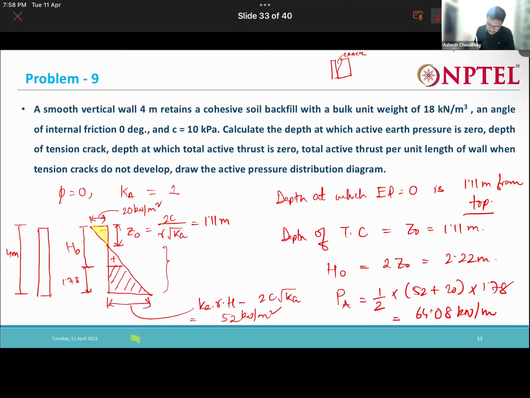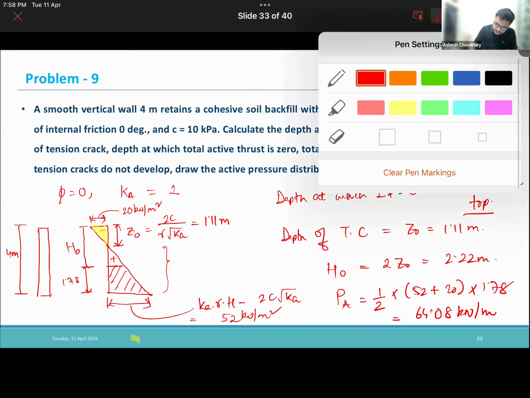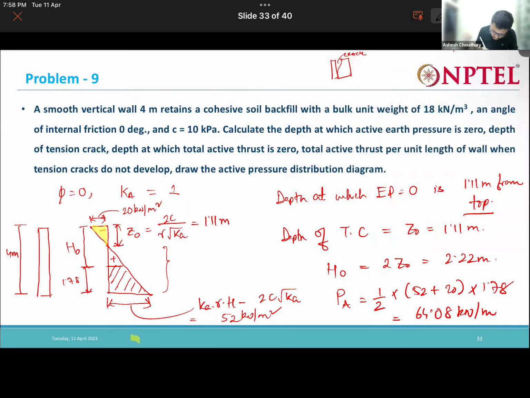So the net PA is actually acting at a height of 0.758 meter. So this is how we solve.